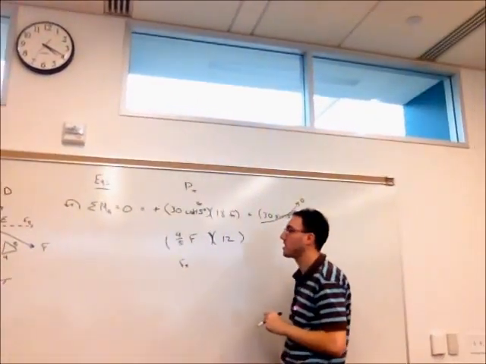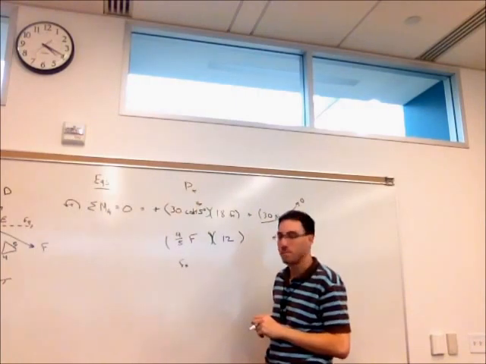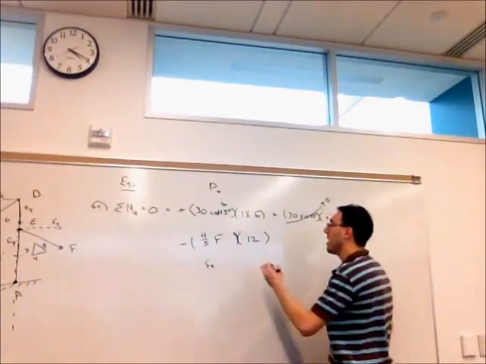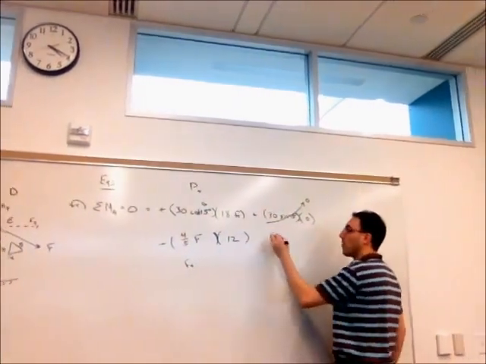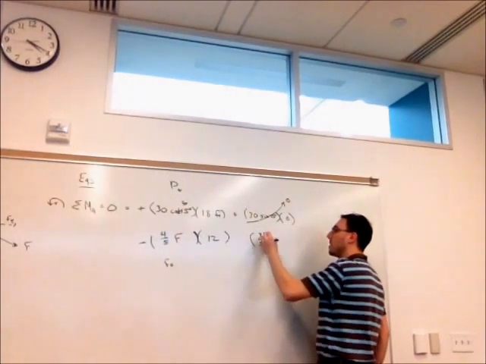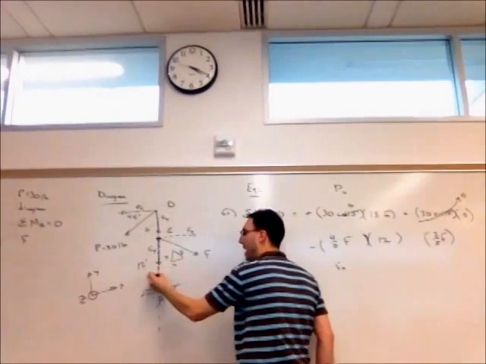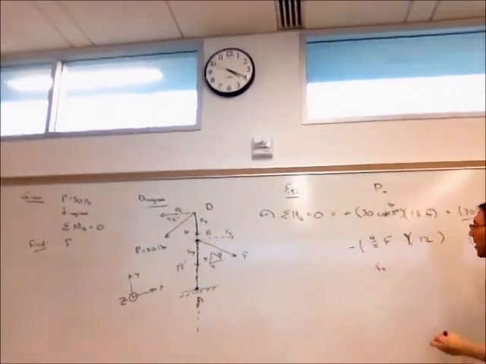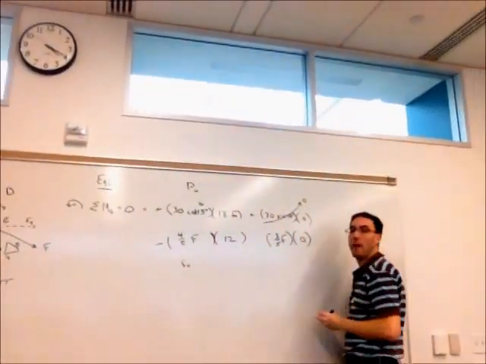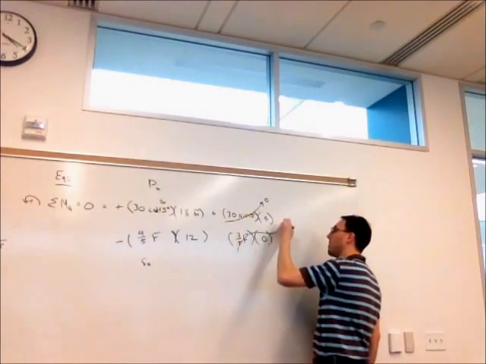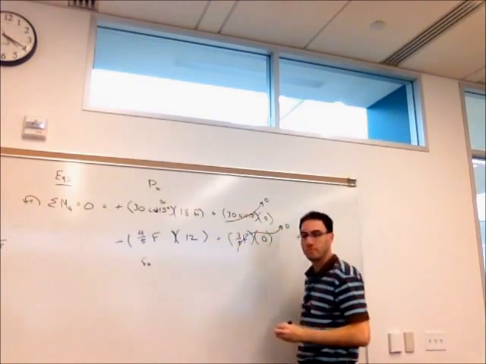And is Fx positive or negative around A? Right, negative. And then just so we have everything here, we'll have 3/5 F, and we can see that Fy also has its line of action pass through A, so it also has 0 as its moment arm. So this term also goes to 0.